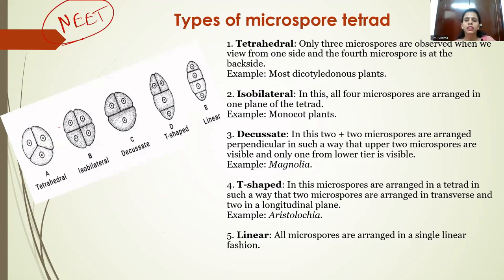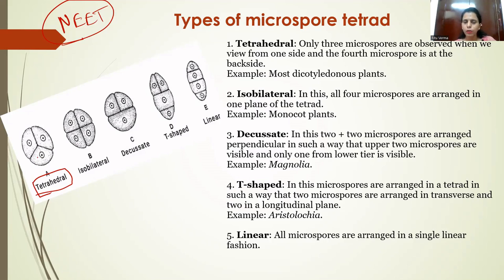There are different types of microspore tetrad. The first type is called tetrahedral tetrad. This is the most common type present in most dicots or angiospermic plants.